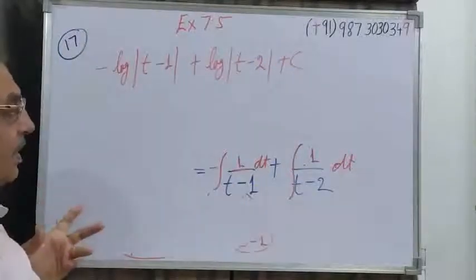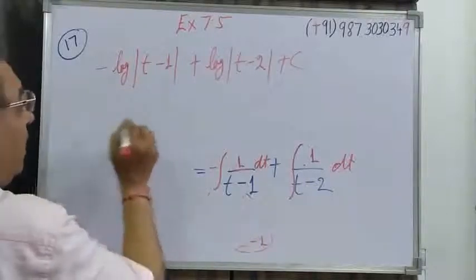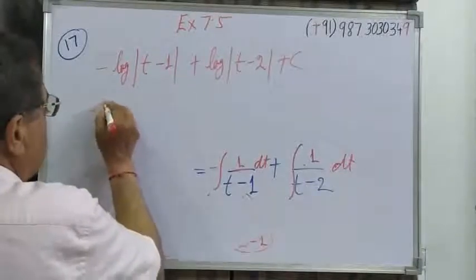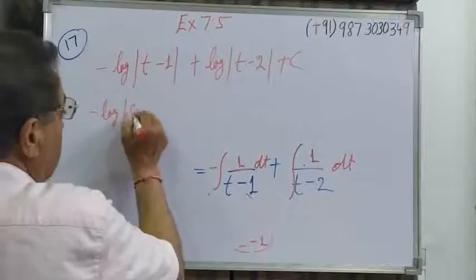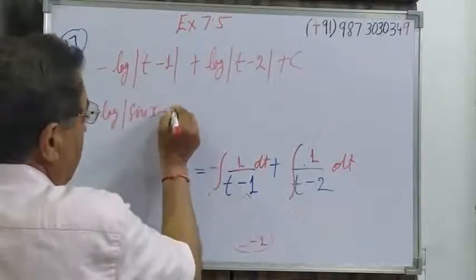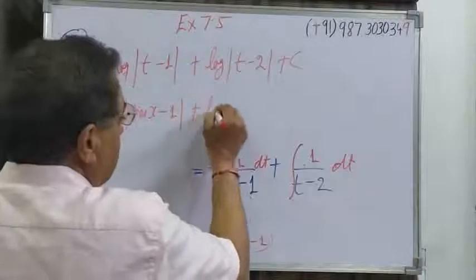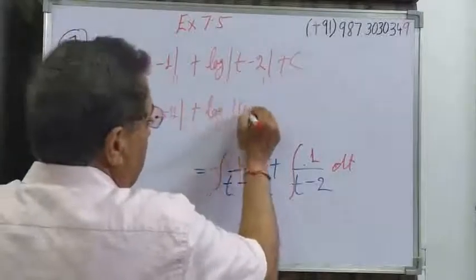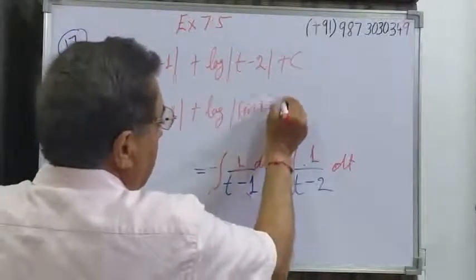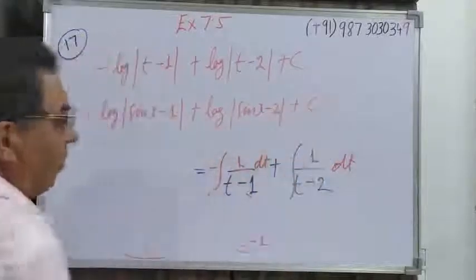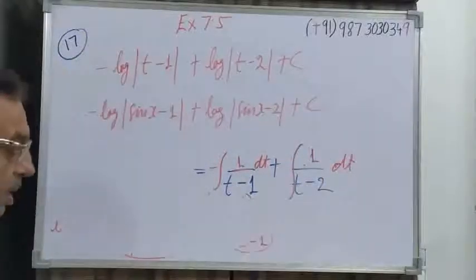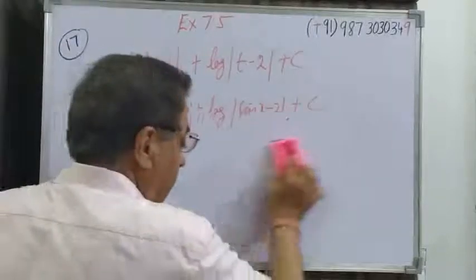But what was t taken as? Sin x. So ultimately the answer comes to be minus log of (sin x - 1) plus log of (sin x - 2) plus c. This is the answer we are getting here.